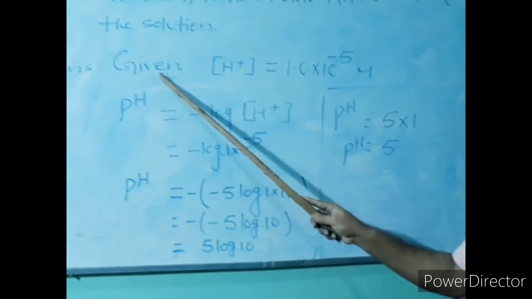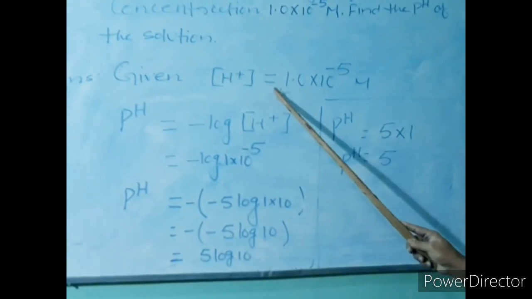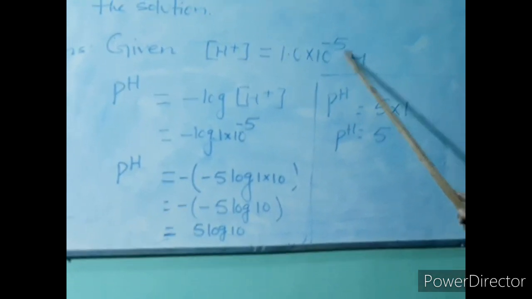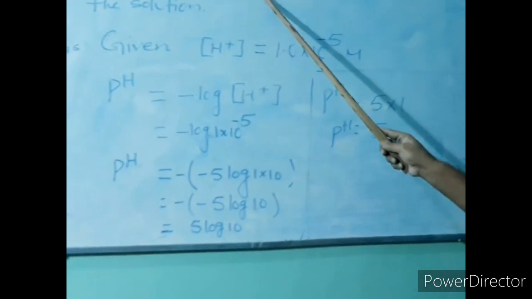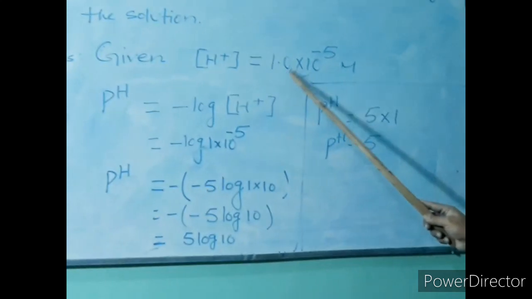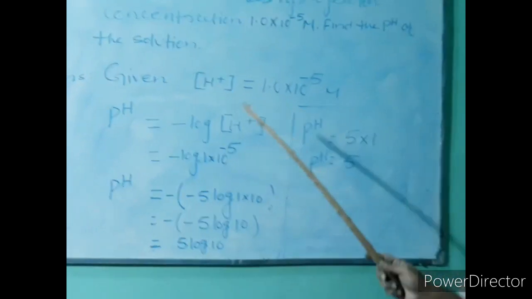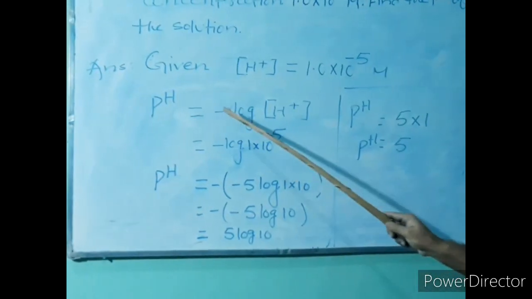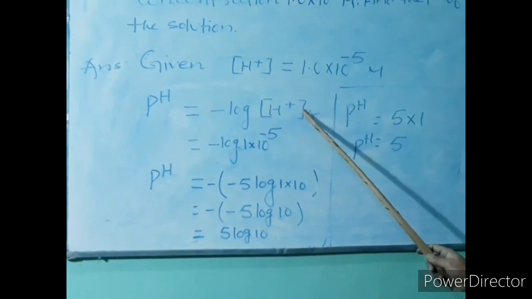Given, the hydrogen ion concentration equals 1.0 into 10 to the power minus 5 molarity. It is given in the numerical that hydrogen ion concentration is equal to 1.0 into 10 to the power minus 5 molarity. There is a need to find out pH. So pH equals minus log hydrogen ion concentration.